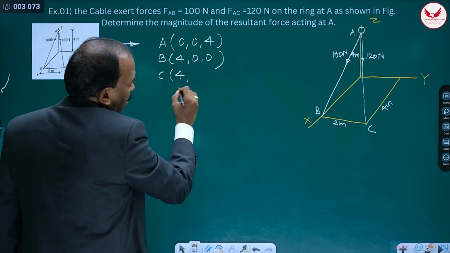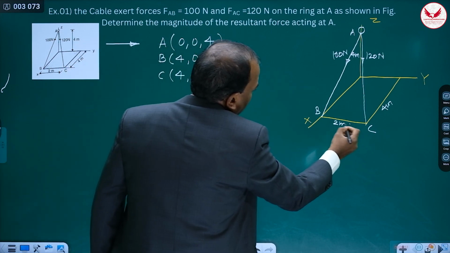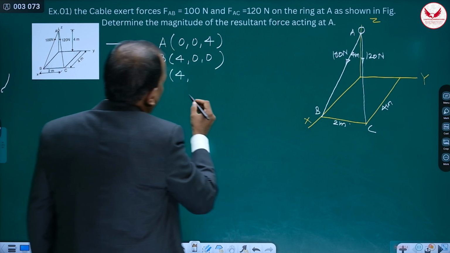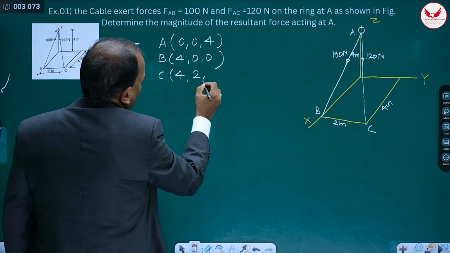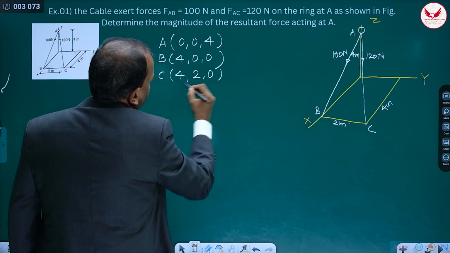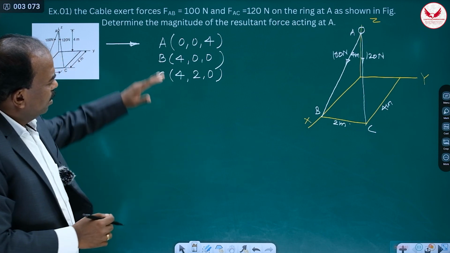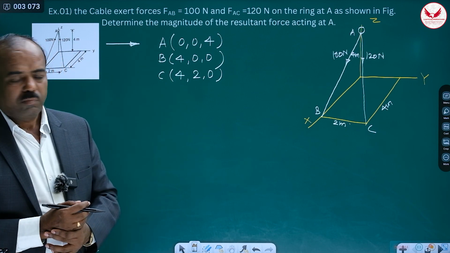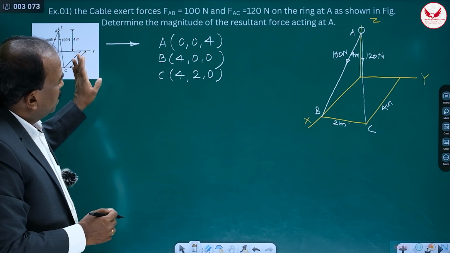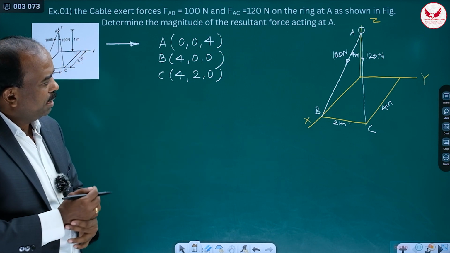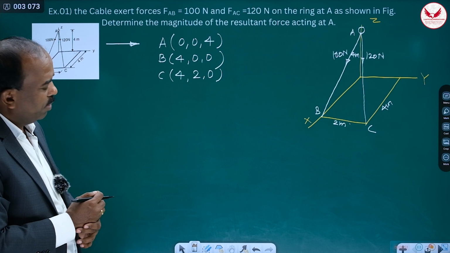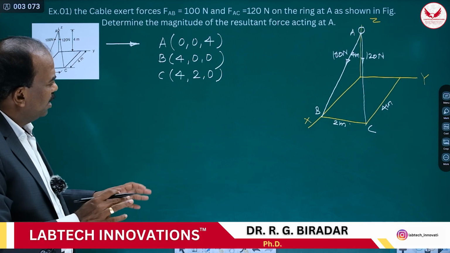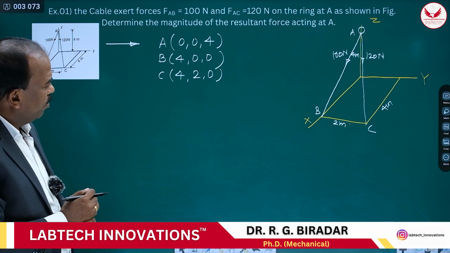In the direction of y, it is going to be 2, and as it is in the xy plane, z coordinate is 0. So it is very, very important in the problems of concurrent forces in space, whether it is resultant or equilibrium.